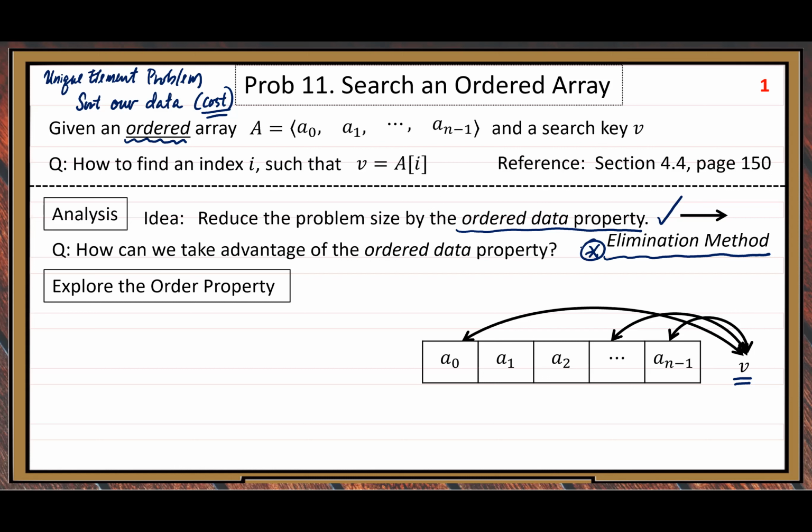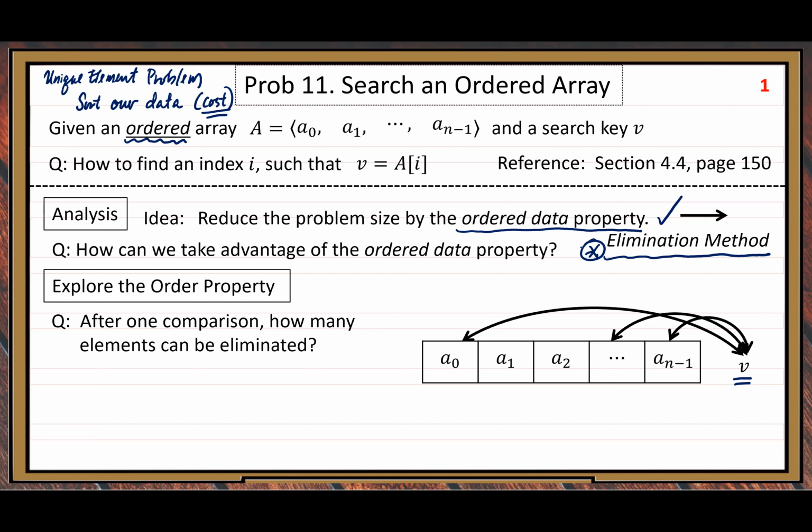The more elements you can eliminate, the better the result you get, right? That understanding looks right. Because if in every step we can eliminate the maximum number of elements, then we will get our final result in the fastest way. So that's our basic understanding.